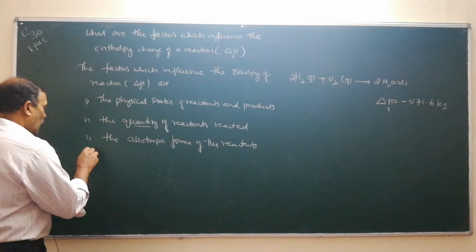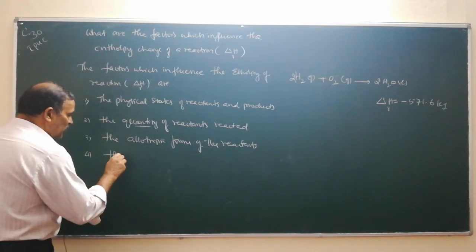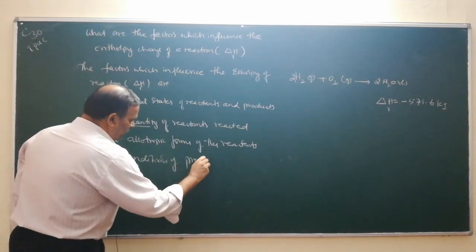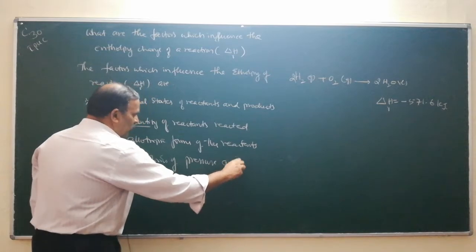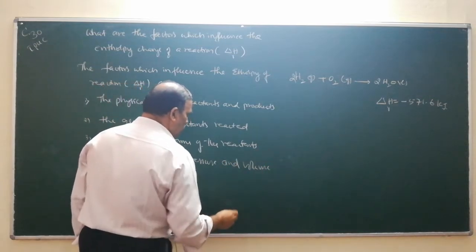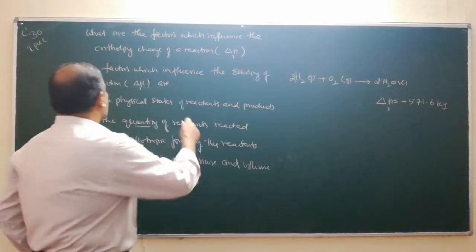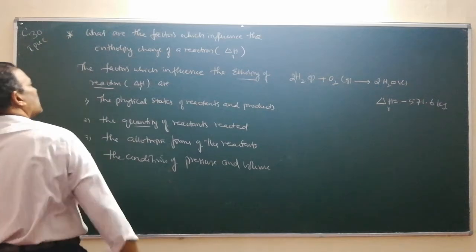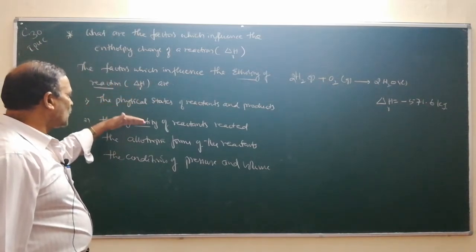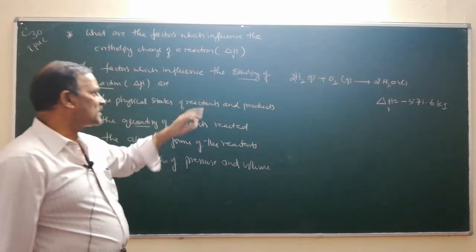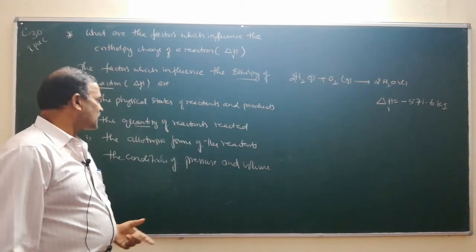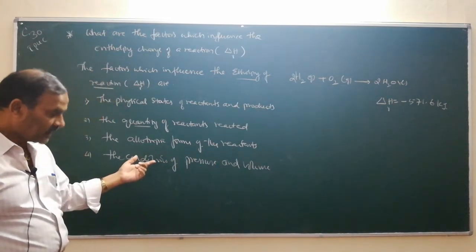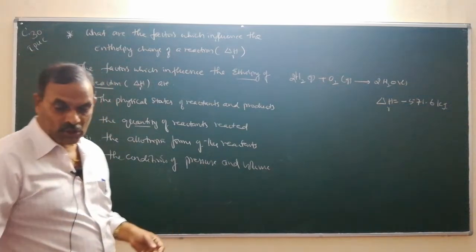Fourth one, the conditions of pressure and volume. So this is important: the enthalpy of reaction depends upon these four factors: physical states of reactants and products, quantity of reactants reacted, allotropic forms of the reactants, and conditions of pressure and volume.